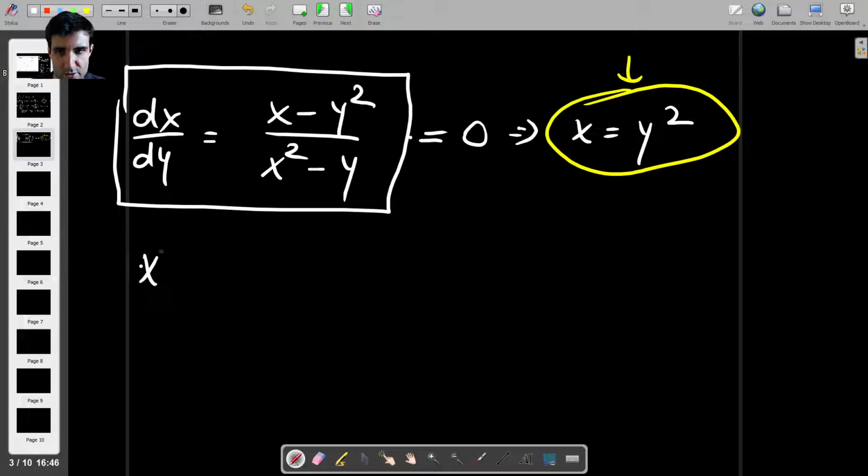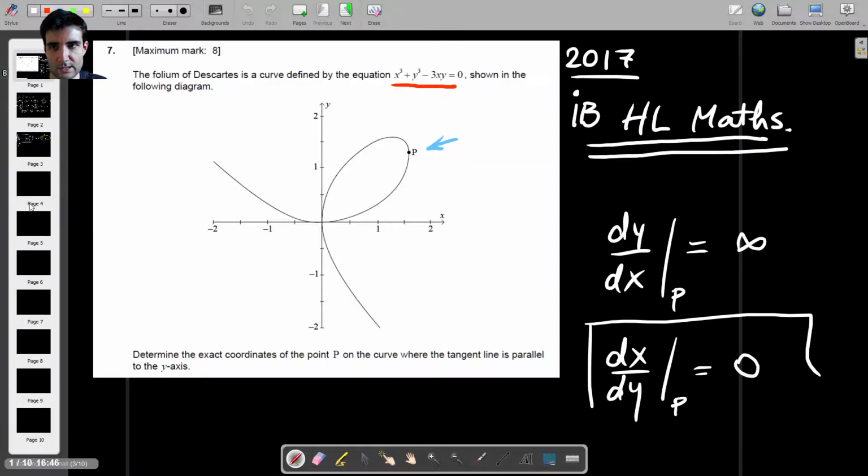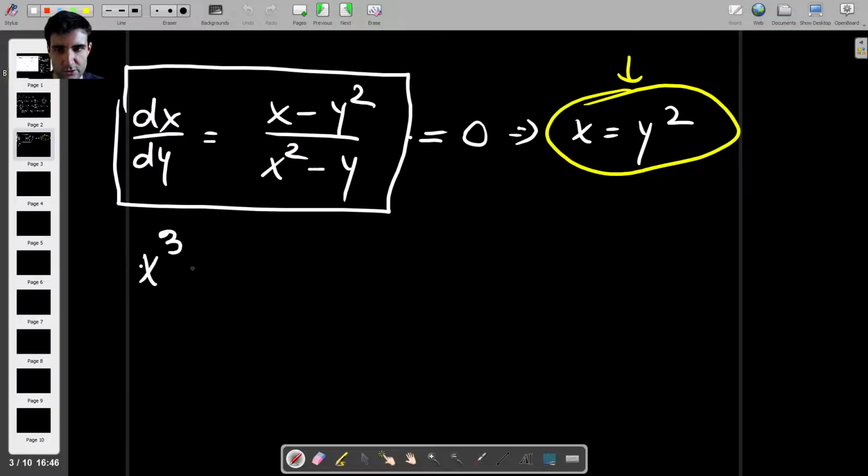Let's write the equation again: x cubed plus y cubed minus 3xy equals 0. Instead of x here, I'm going to replace it with y squared, so it's going to be y squared raised to the power 3.